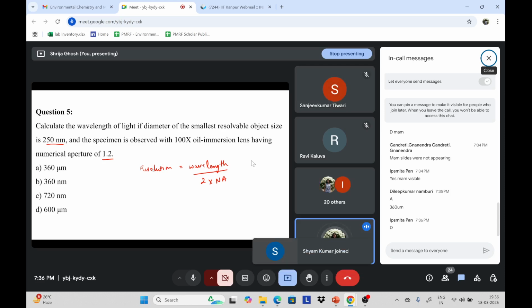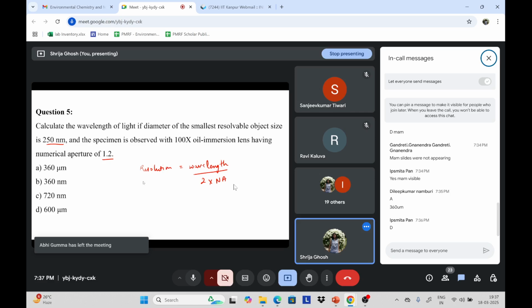Okay, option D. What about others? I've written the formula. You just have to use your calculators. It's not very difficult. At least try to solve it, everybody. Is anyone else able to solve this?